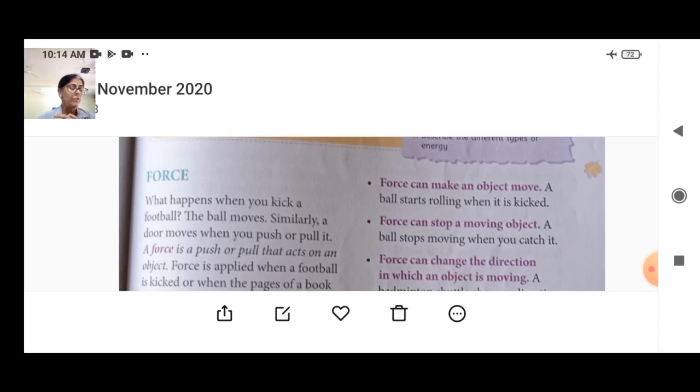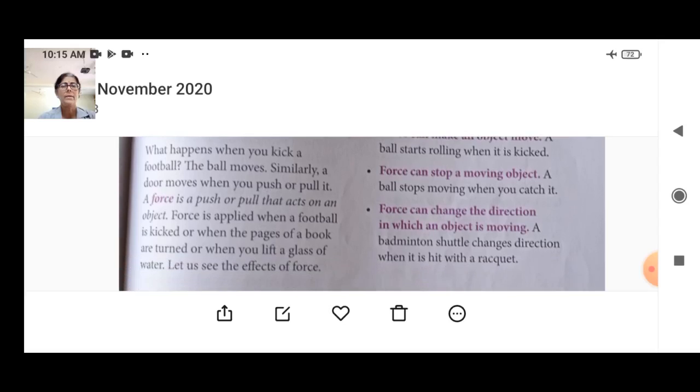A badminton shuttle changes the direction when it hit with a racket. जब हम रैकेट और शटल से बैडमिंटन प्ले करते हैं, at that time both, if you and your friend are playing and you hit the shuttle, it change the direction. That is also a example of a force, right?